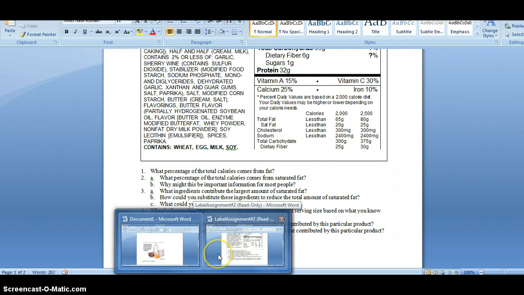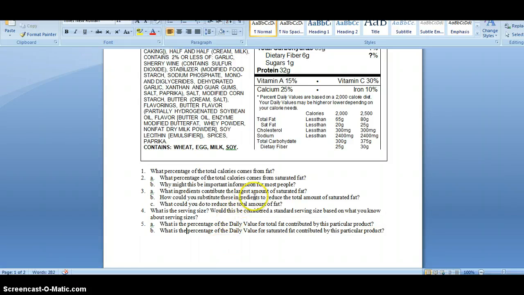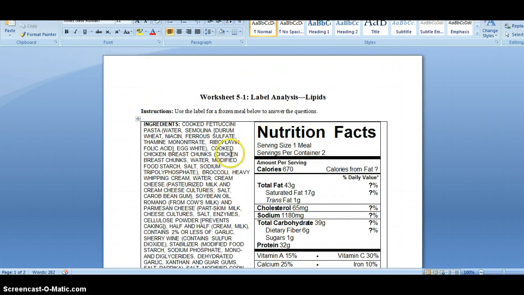After you find what your sources of saturated fat are, then you're going to go back to the ingredients section over here and decide which ingredients contribute the most saturated fat in this product.